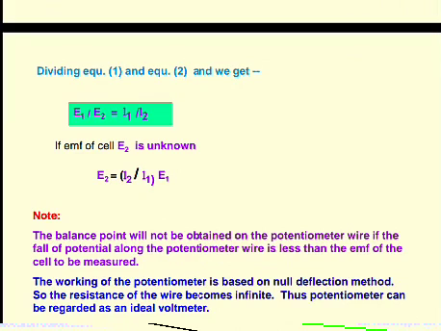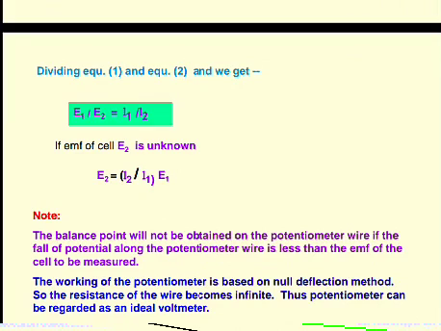To perform this experiment, keep some points in your mind. First, the balance point will not be obtained on the potentiometer wire if the fall of the potential along the potentiometer wire is less than the EMF of the cell to be measured.